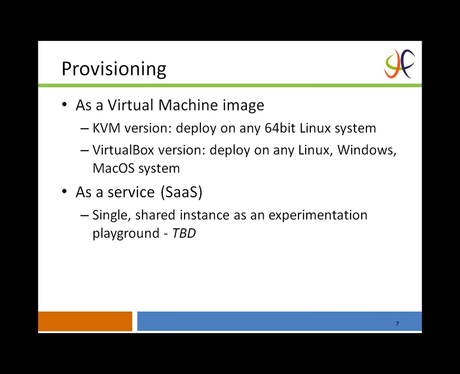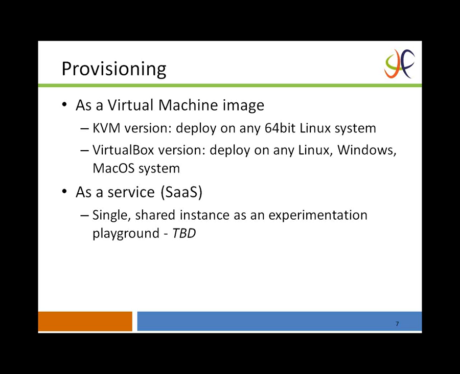So the specific enabler will be released as a virtual machine image in 2 versions, a VirtualBox and a KVM, so that you can choose the technology that better suits your environment.